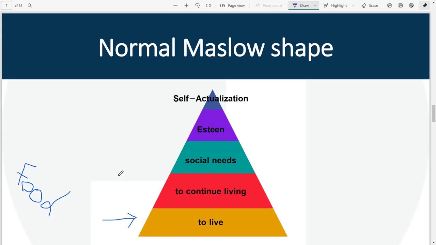But let's talk about even if you love pizza. You are eating a food that you love and you feel so good when you eat it. Are you just satisfying this need? No, you are satisfying this need too.